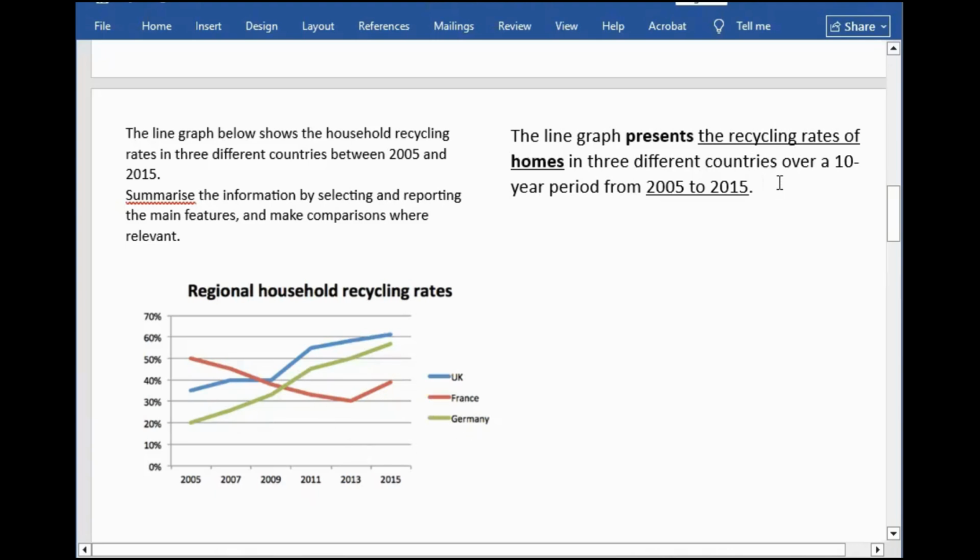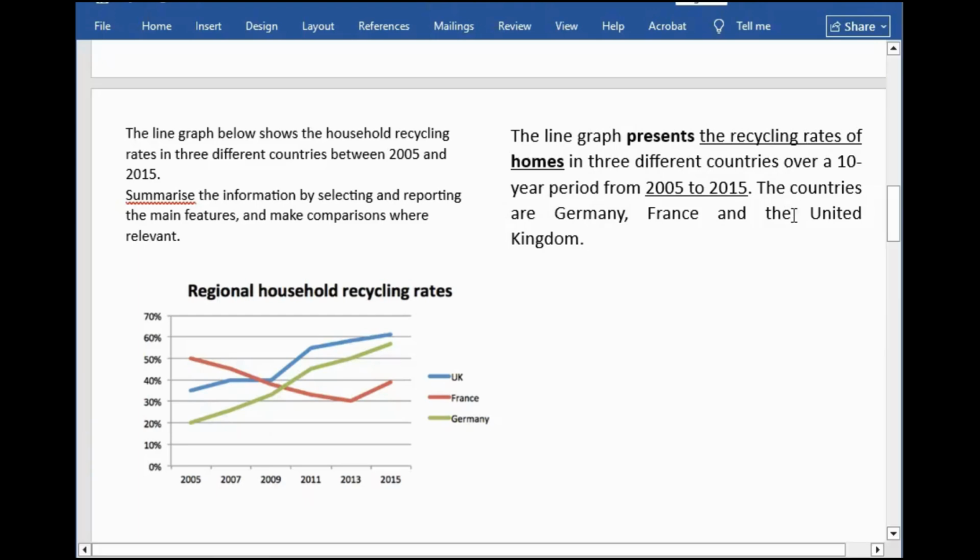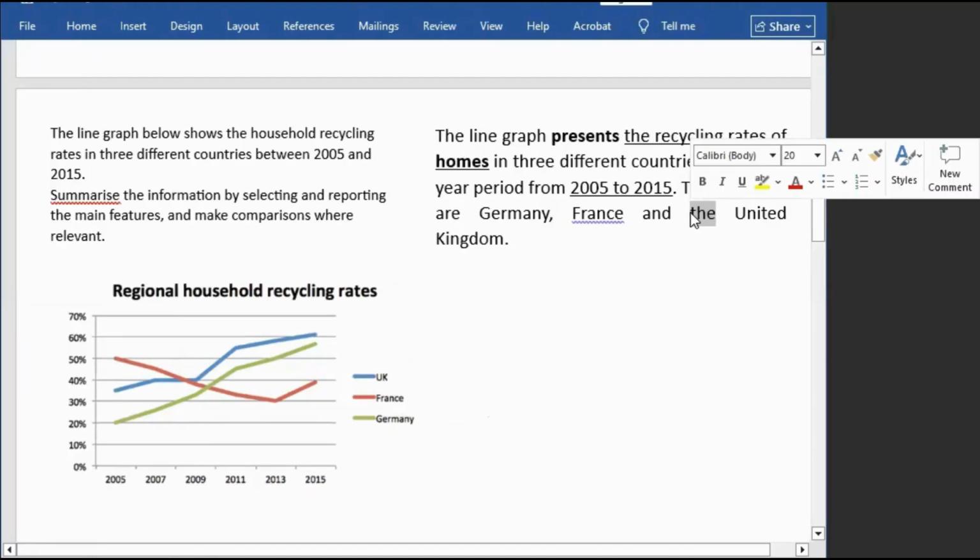So I need to write a new sentence to show what the countries are. The countries are Germany, France, and the United Kingdom. Anytime I see United Kingdom on a graph or chart, I usually like to write it last, the United Kingdom.